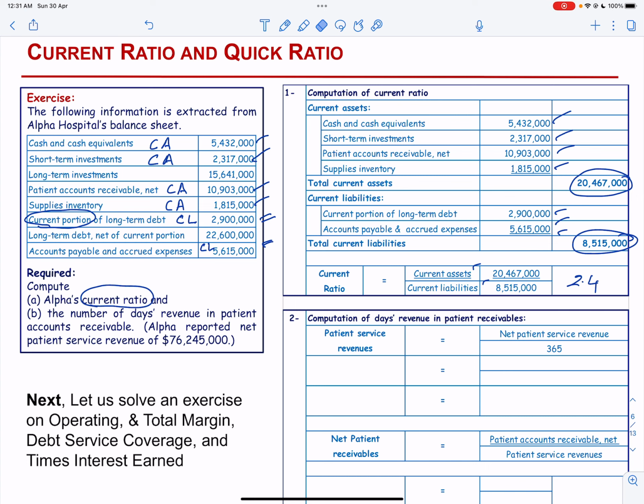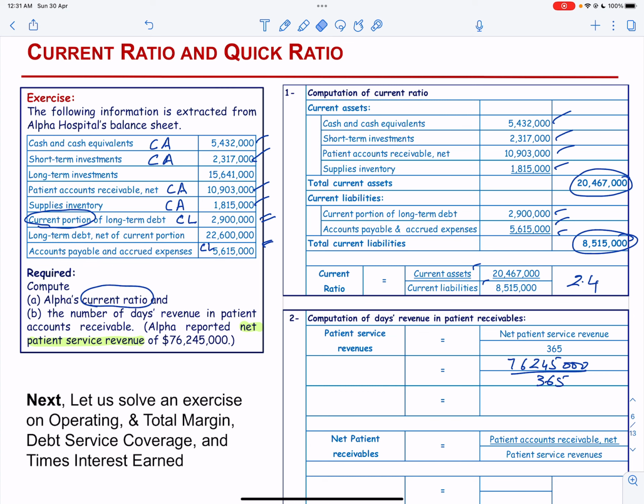Alpha reported net patient service revenue of 76,245,000 divided by the number of days, that is 365.